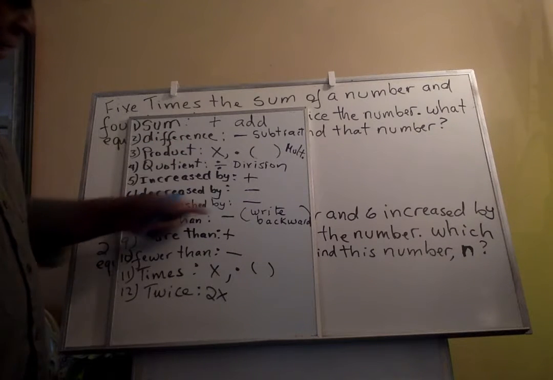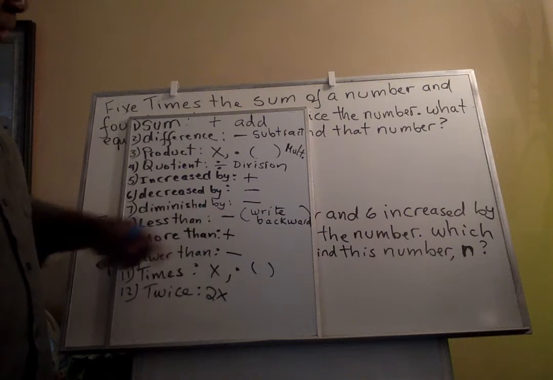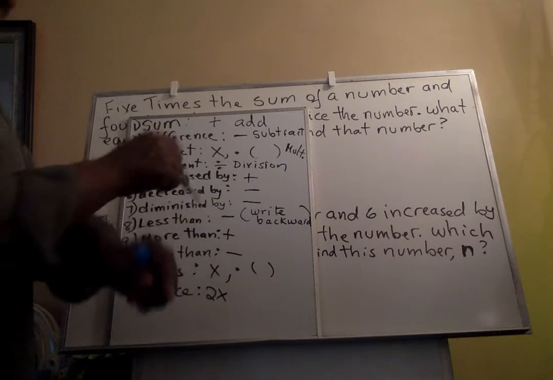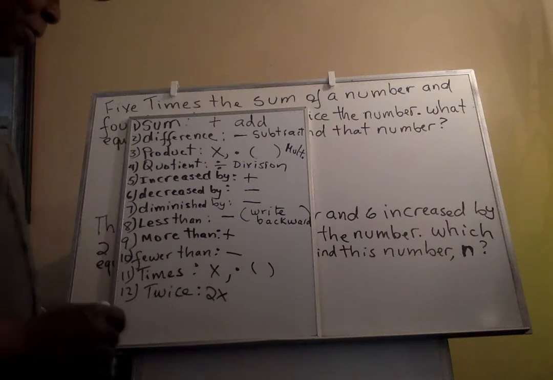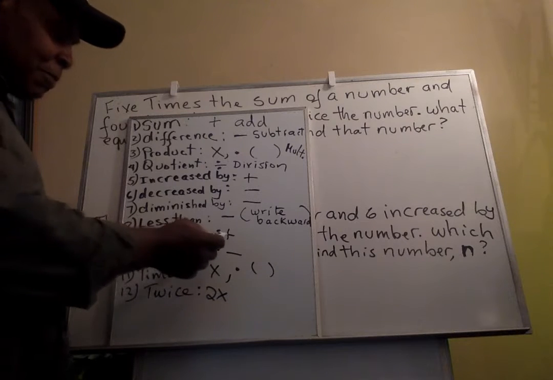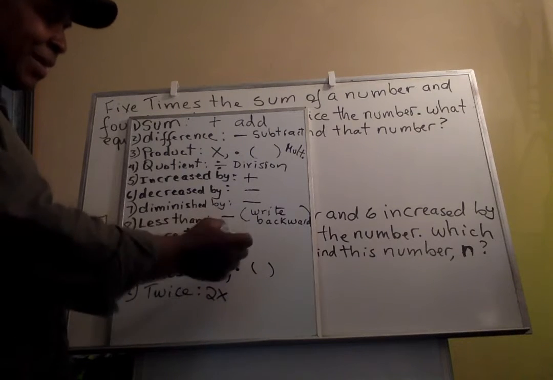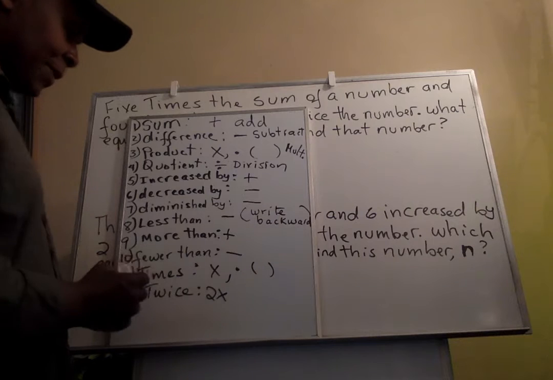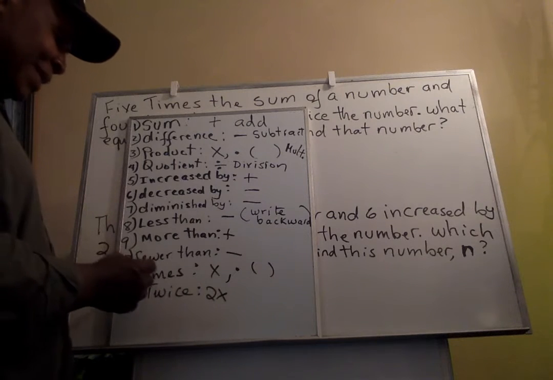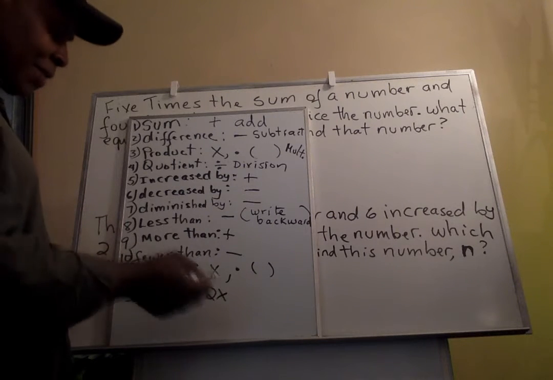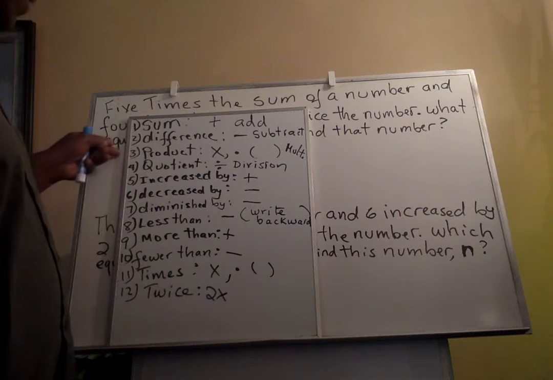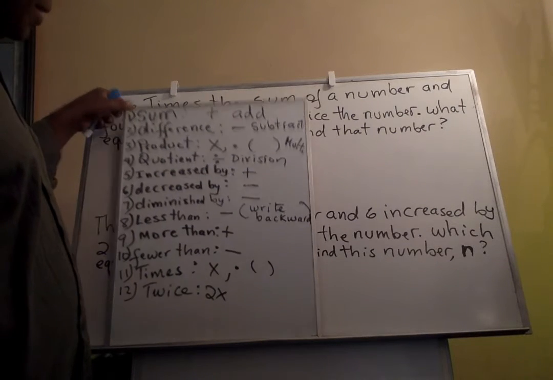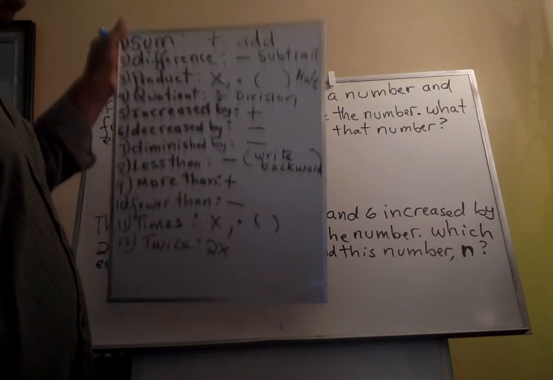But less than, you have to write it backward. It's subtraction, but you have to put the expression backward. More than means plus. Fewer than is the same as this. You have to write it backward. Times is multiplication. Twice is two times. So we need to know these words before we do this.